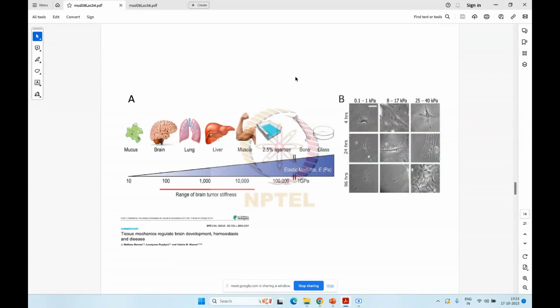So there have been a lot of studies that show that if you put the same cells on different stiffness platforms, using different kinds of methods, they would have different shapes, different morphologies, their nuclear sizes might change.